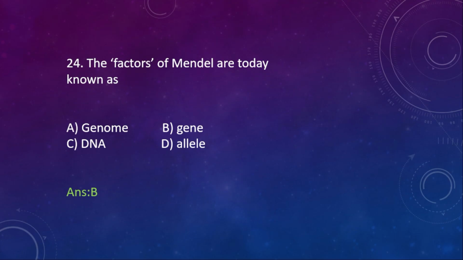He noticed that certain traits were passed from parents to offspring through discrete units which he called factors, but nowadays we know them as genes. In the year 1909, the Danish botanist Wilhelm Johannsen coined the term gene to replace Mendel's factor. Okay, this is about the history.